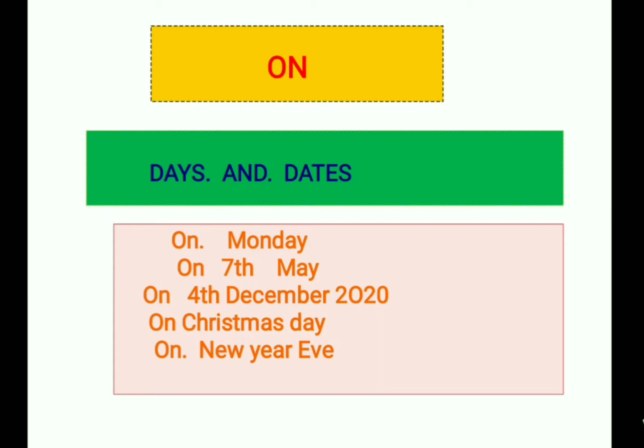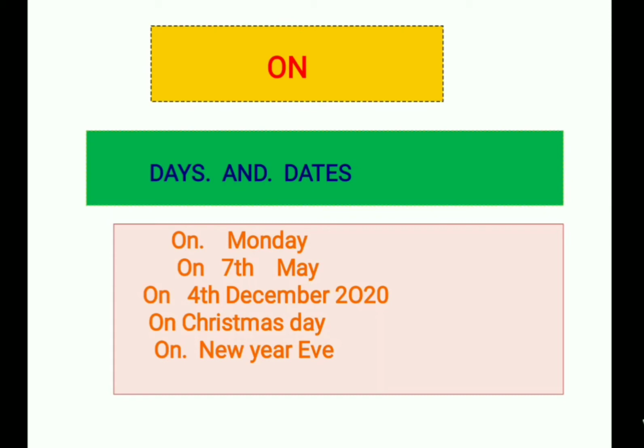Like on Monday, on 7th May, on 7th September, on 10th December, on 8th December, on 4 October, on 15 August, on 14 August, on 27 April, on 27th July, on 28 April, etc. For these specific dates, we are using on. और on is used for dates. ठीक है?